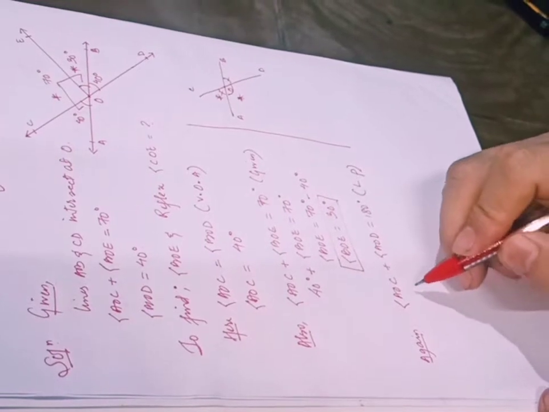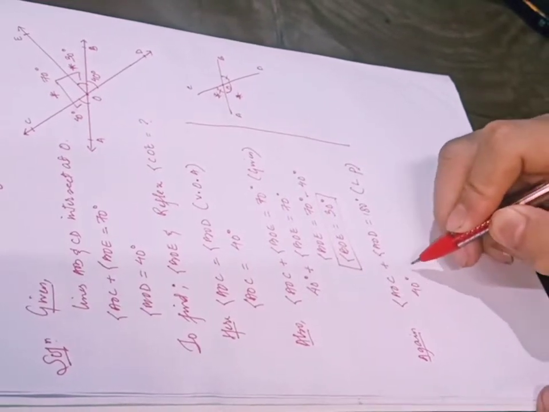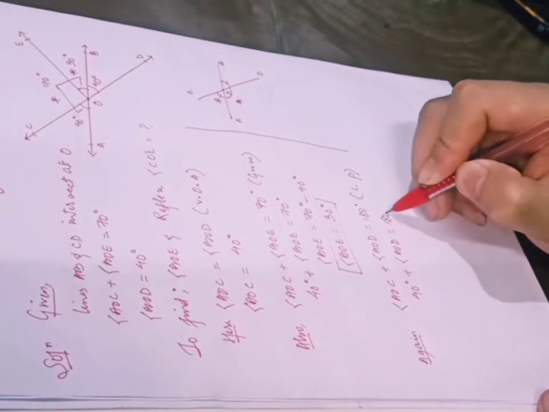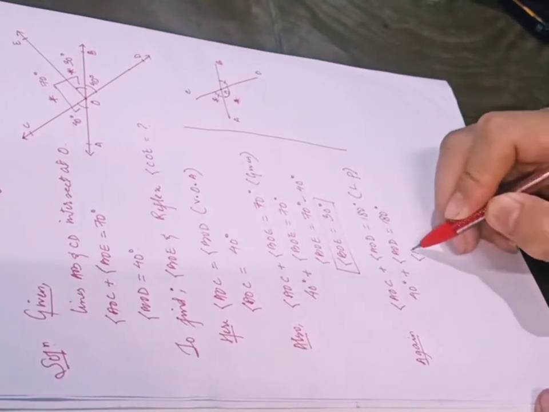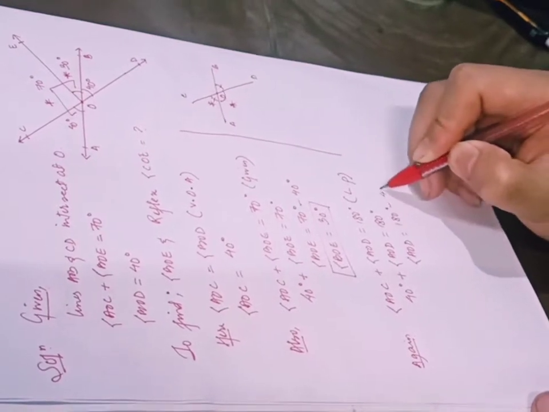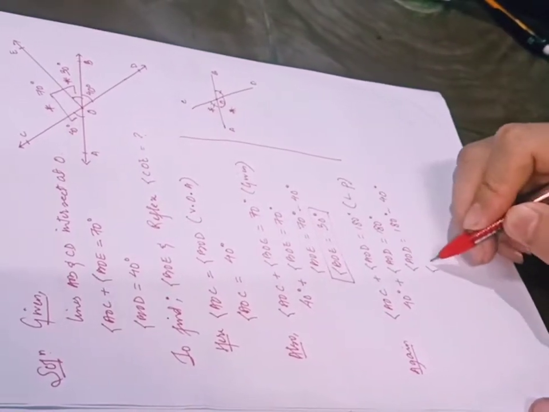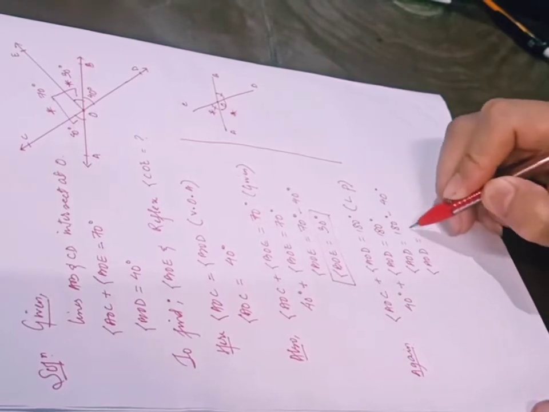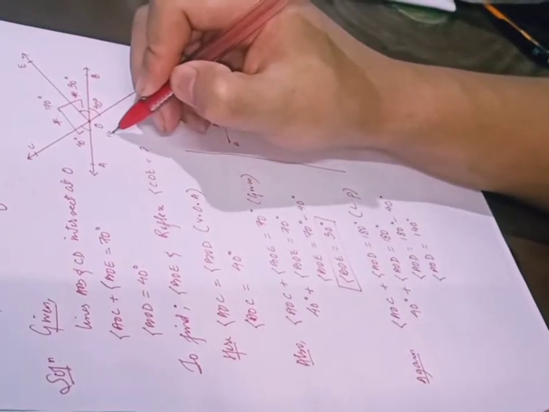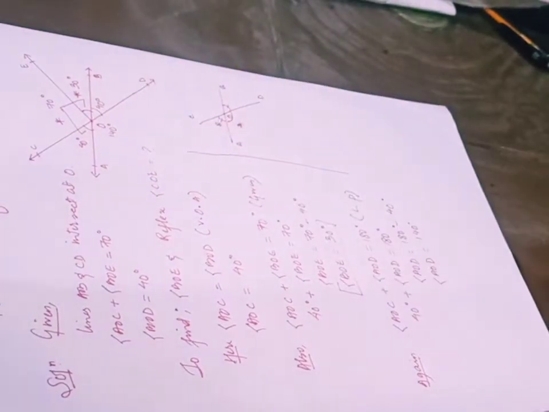So angle AOC, we already calculated it as 40 degree, plus angle AOD equals 180 degree. That gives us angle AOD equal to 180 degree minus 40 degree. That gives us angle AOD will be equal to 140 degree. So now we know this angle as 140 degree also, correct?